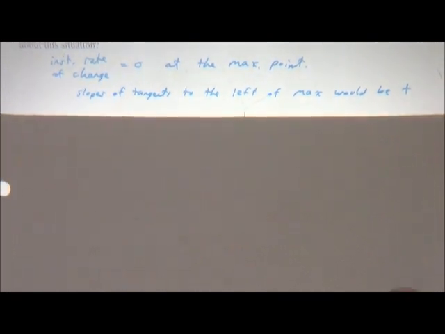Jen? Positive. Okay. So the slopes of the tangents to the left of the maximum would be positive.